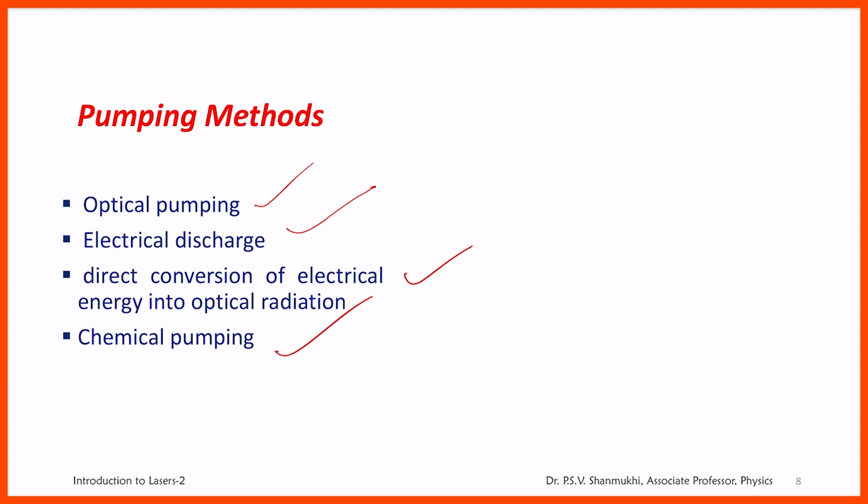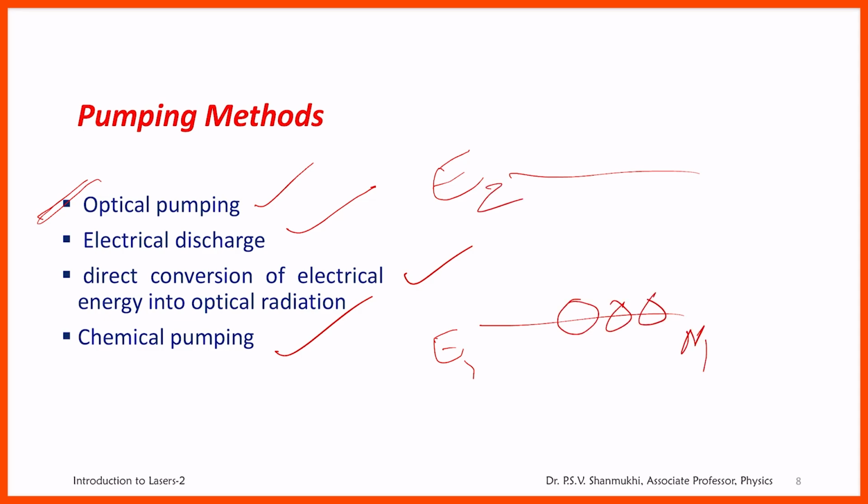So, what is meant by optical pumping? Simply, optical energy, that is photon energy, is used. For example, two energy states are there: the ground state E1 and the excited state E2. In the ground state, the population is given by N1, and in the excited state, the population is given by N2. Here the photon energy h nu is incident on the atoms. By absorbing that energy, atoms go to the excited state.